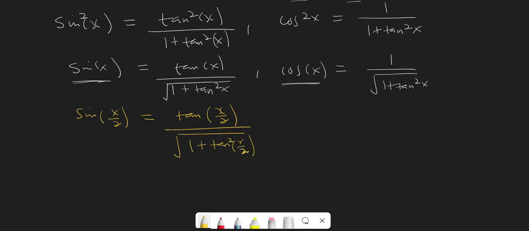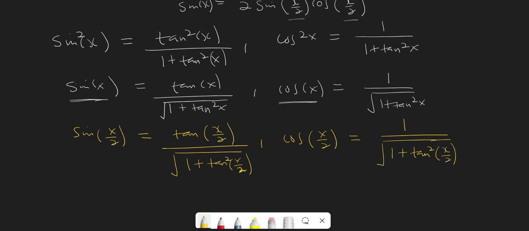We can just replace the x with x over 2. Similarly, cosine of x over 2 is equal to 1 all over the square root of 1 plus tan squared x over 2.